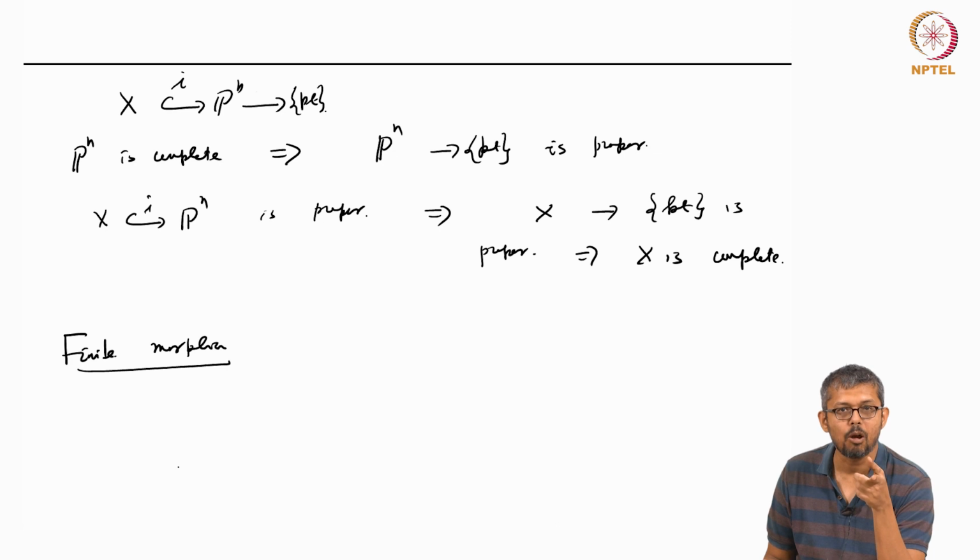But if it is a proper map with finite fibers, then it is a finite map. A finite map is more than just finite fibers, because there is some integrality condition, and you can find some examples. Maybe in the next class I will talk about examples where finite fibers do not imply the map is finite. There are plenty of examples. But if it is a proper map with finite fibers, then the map is finite.